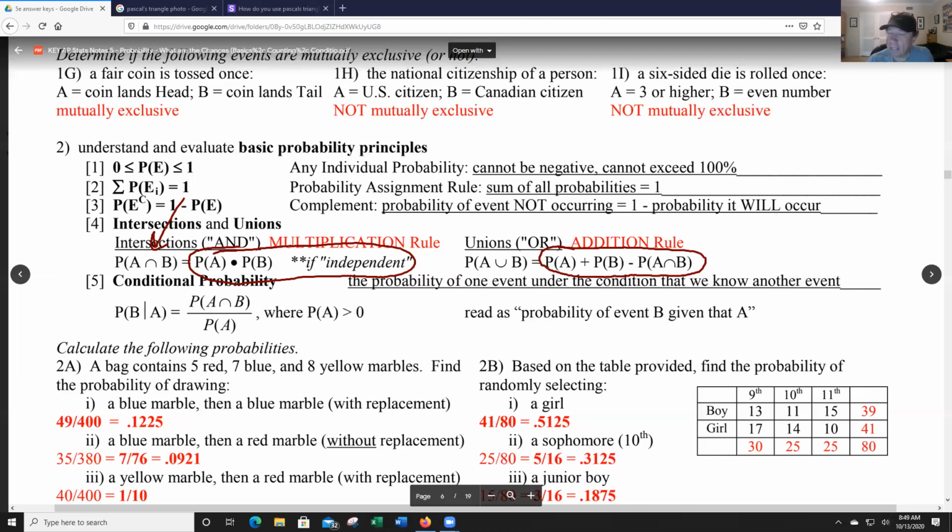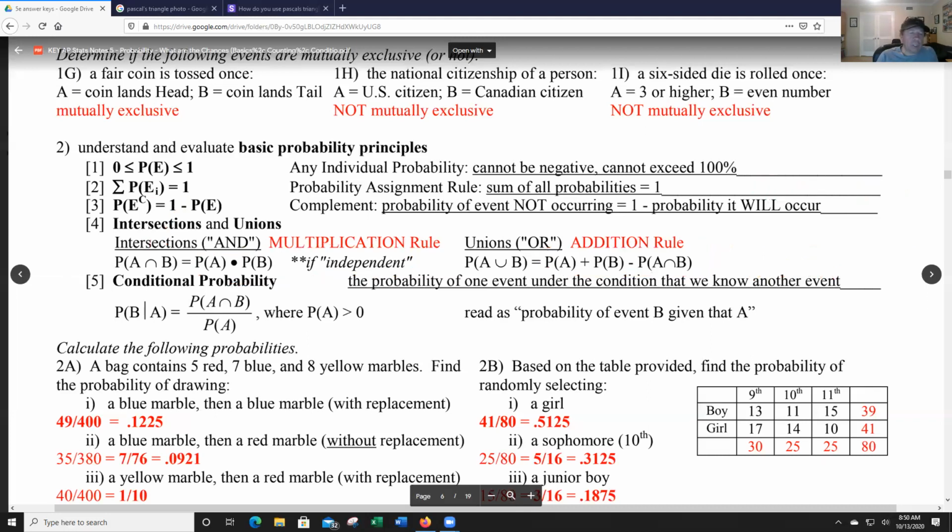And this intersection could be 0 if the events are mutually exclusive. It could be their product, A times B, if the events are independent, or it could be a given number if it's neither independent nor mutually exclusive.